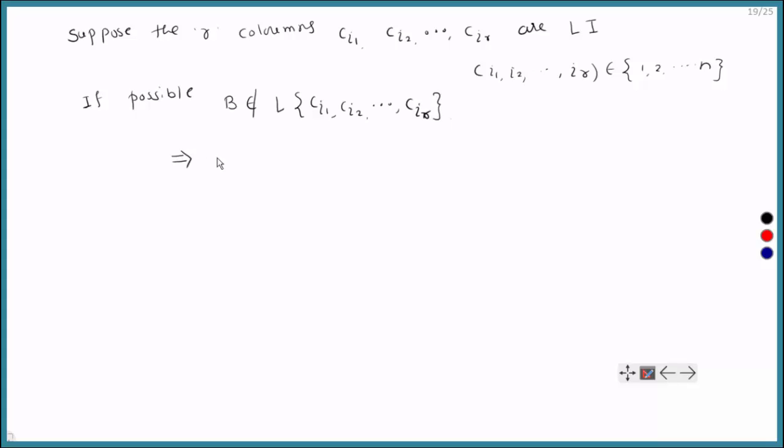This implies that the vectors Ci1, Ci2, ..., Cir, B are linearly independent.